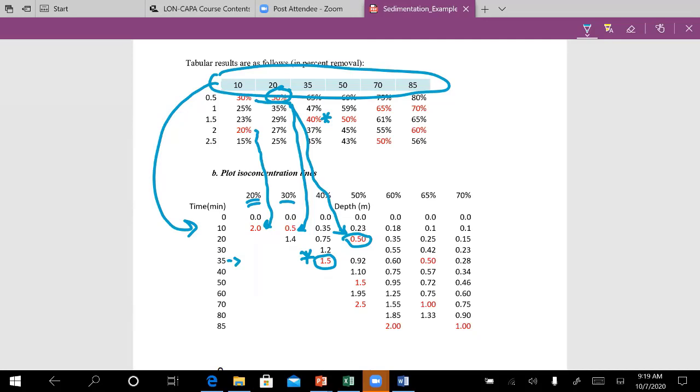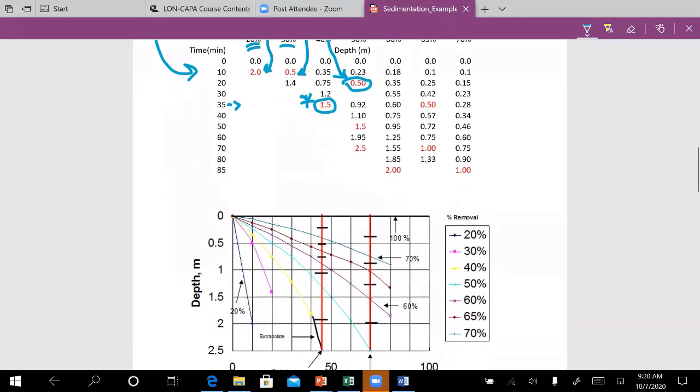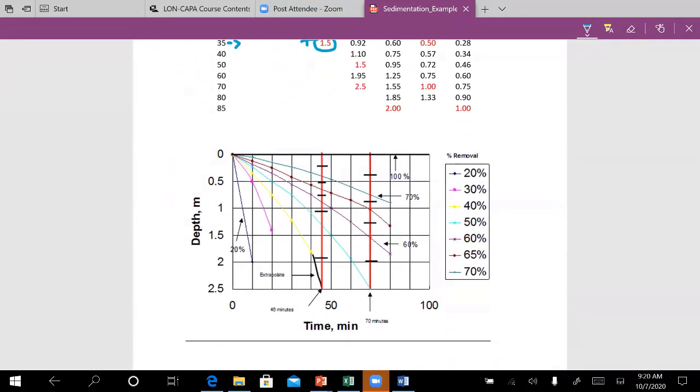Then you need to interpolate. In some cases, you'll be interpolating between vertical values. In other cases, you're interpolating between horizontal values. It's not trivial. It takes some time. But by doing the interpolation, the goal is to get these iso-concentration lines.